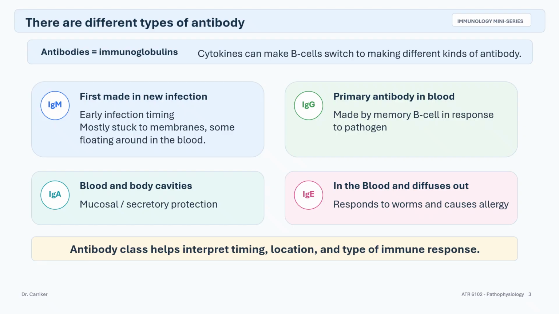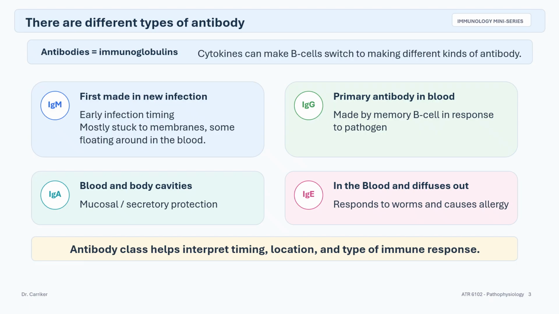So if a clinician calls for a blood panel, they might be trying to determine whether an infection is recent. In this case, IgM becomes very informative. It's a first-time infection. Contrast that with IgG, which is the main antibody in the blood. It's the one that's strongly associated with memory response, and it tends to persist long after an infection, although levels do tend to decrease over time.